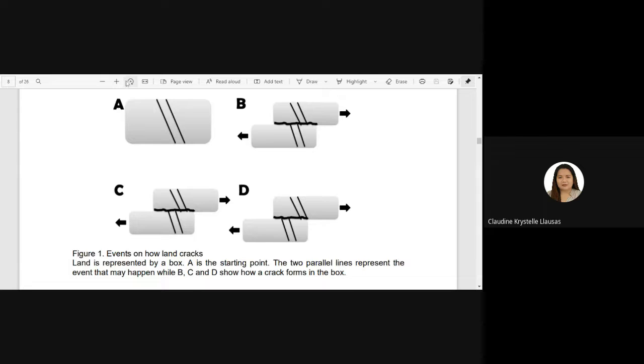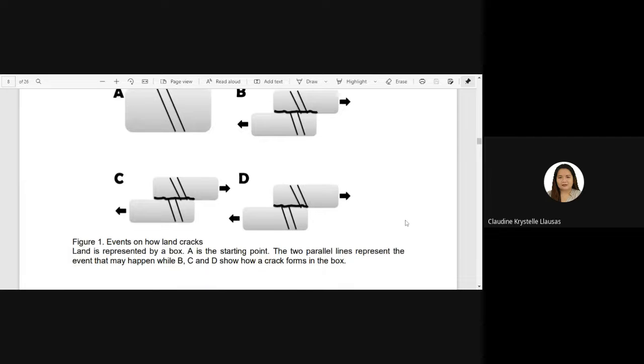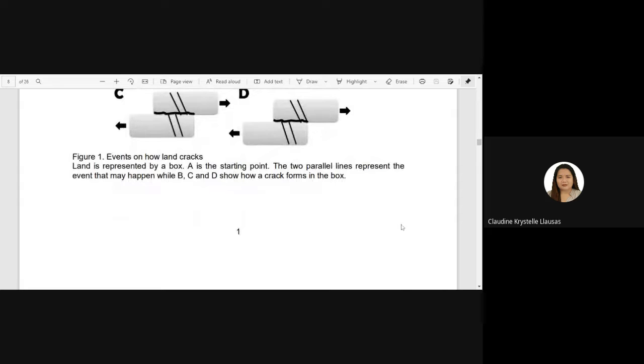Pag A, ang formation. Pag B, murag nag-slide siya gamay, dili na straight ang line. As you can see, there's already a broken line. And then same with letter C. Both boxes are actually moving in different directions. The upper box moves to the right, while the lower box moves to the left. Okay, na movement nga gakahitabo.